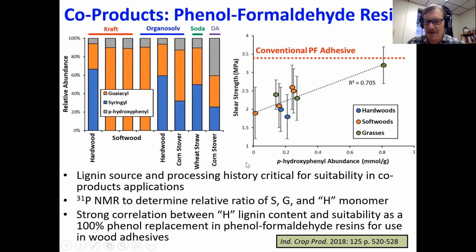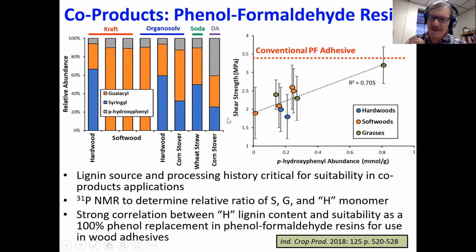They've compared the relative abundance of this H group in lignin, which we think is primarily derived from paracoumarate. And one of the things they've identified is they have significant differences in these between the different lignins, and also they have significant differences in their performance as a wood adhesive.